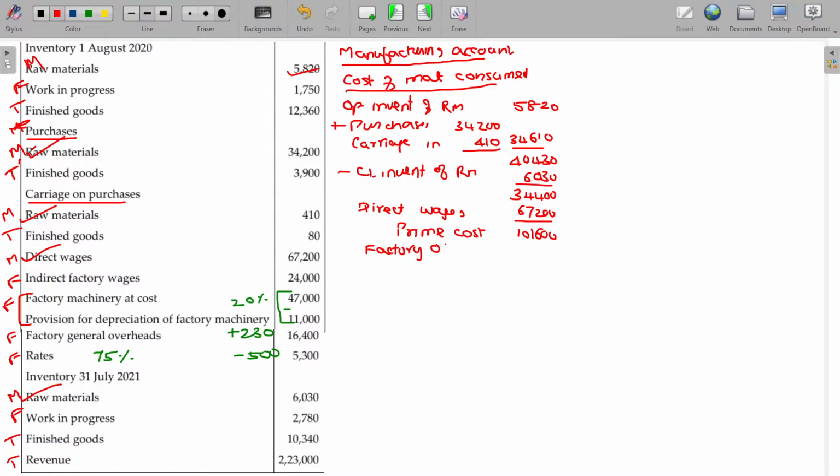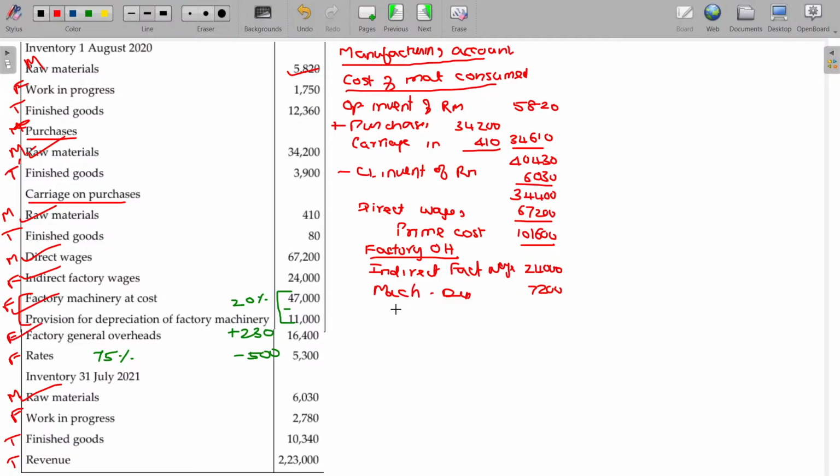Factory overhead, factory related. Here is indirect factory wages, the value being 24,000. And machinery depreciation: from 47,1 is subtracted 36, on that 20%, 7,200.